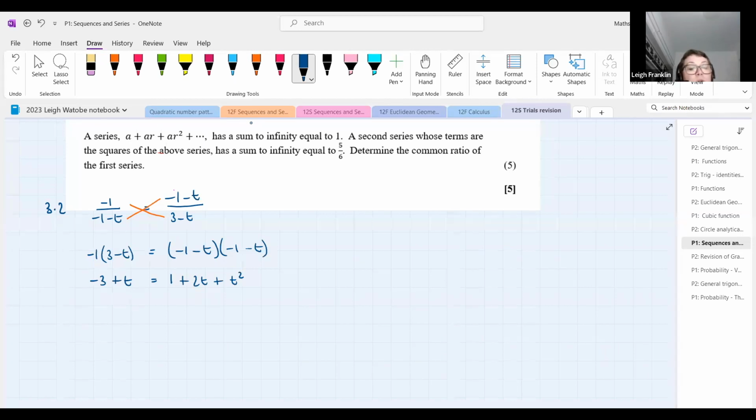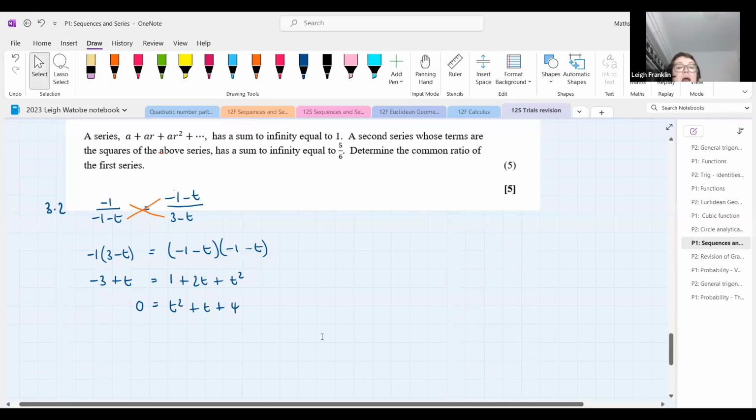So it's quadratic. We would end up with t squared, then here it would be plus t. Now what would you do?